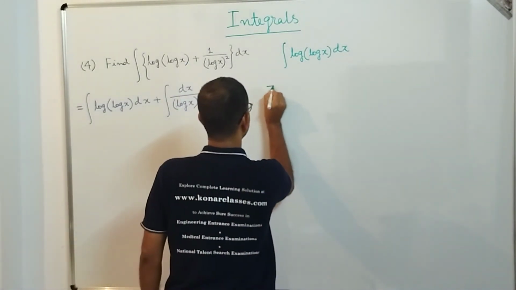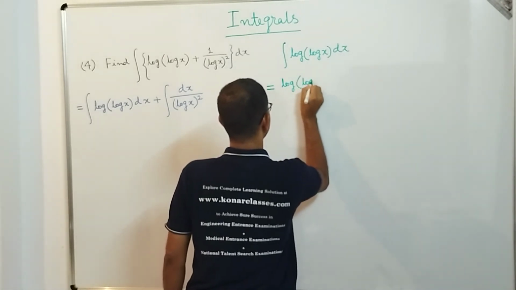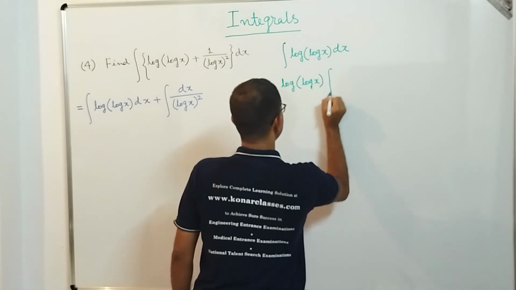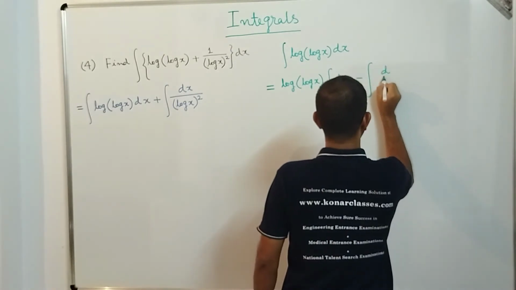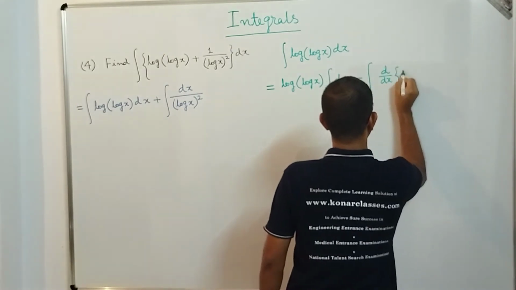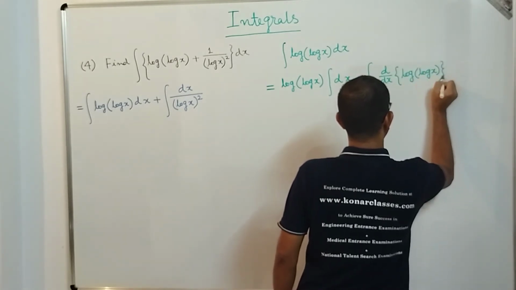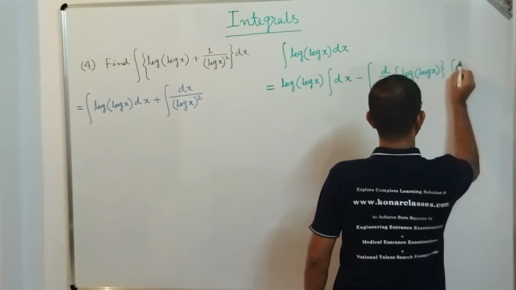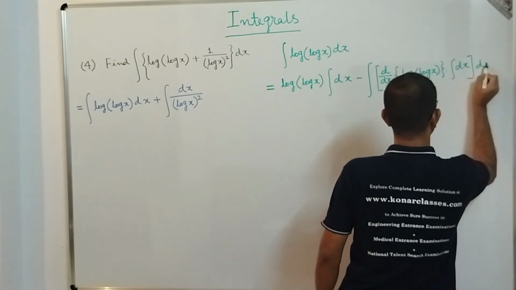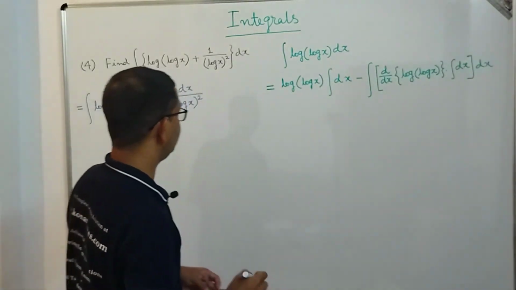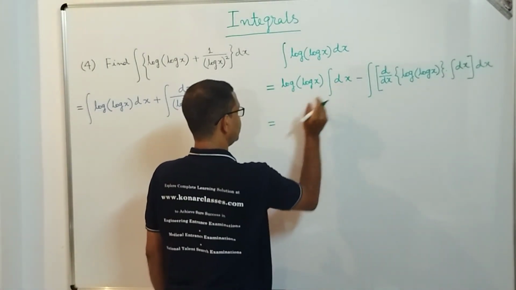So by means of integration by parts, we can write log x integration dx minus integration of d/dx of log x into integration of dx, whole dx. That is integration by parts. You all are, I know, very matured on that. So if we find it out, what we get, dear students, is that integration of dx is x.